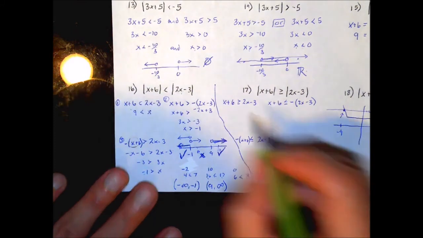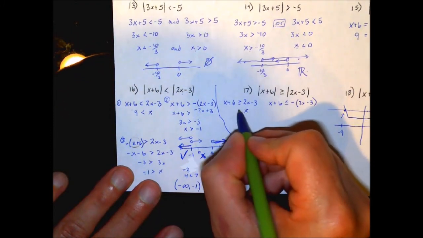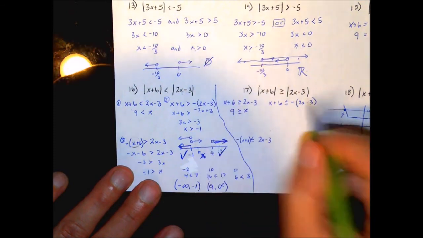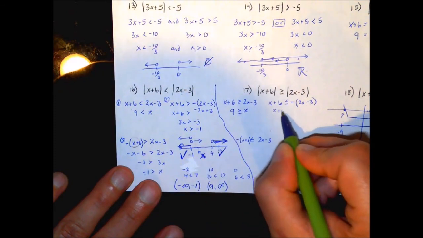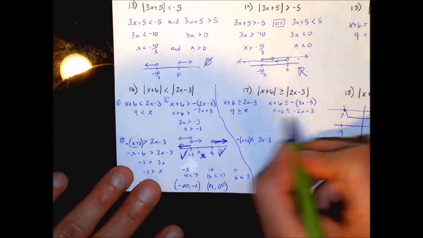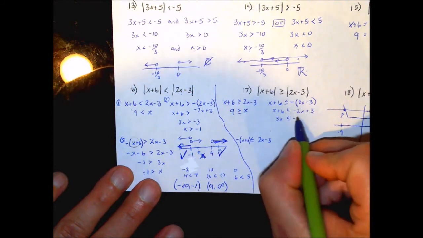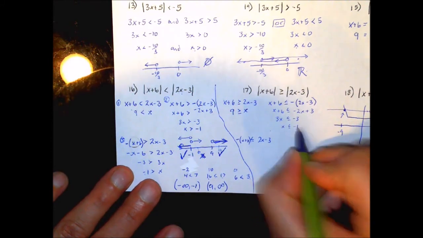Okay, so solve them out. I'm going to subtract that over, add that over. Distribute. I'm going to add that over here. I'm going to subtract that over there. Divide, gives me negative 1 there.